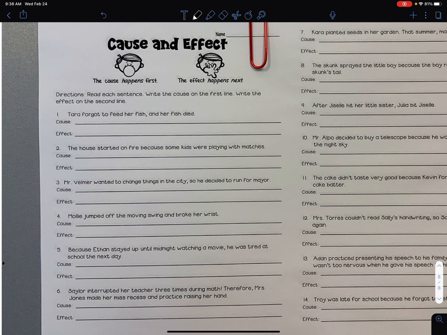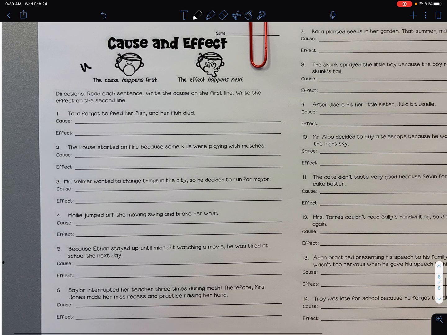We can also write that the cause is why, and the effect is what.